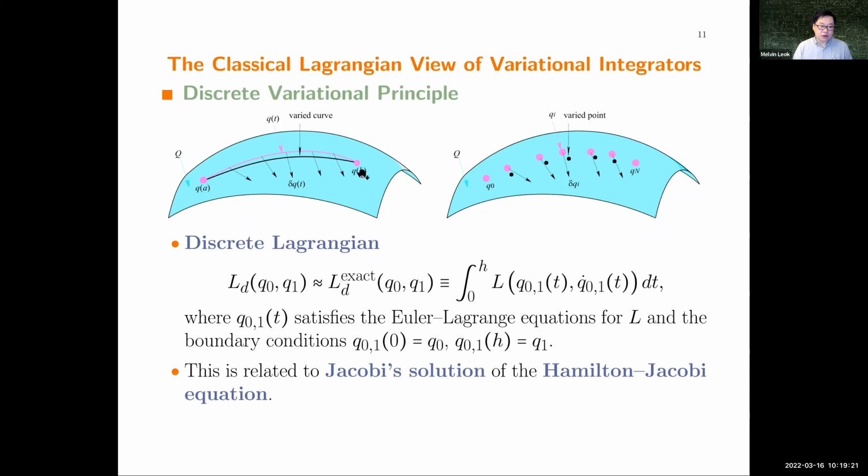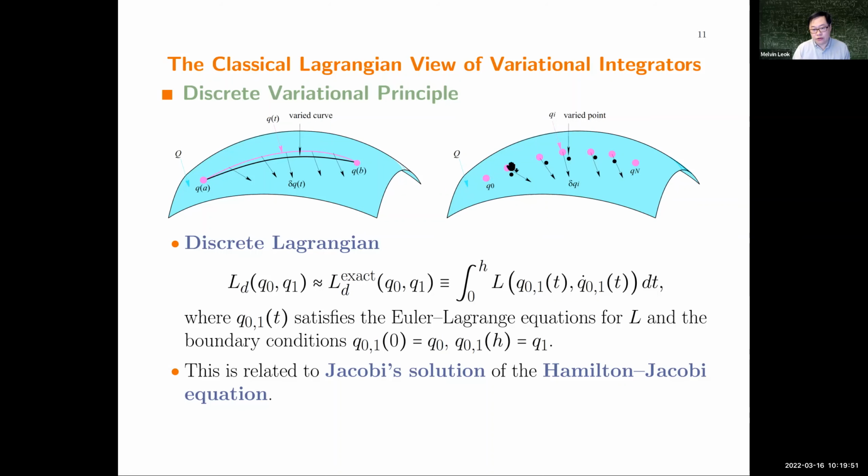Okay, so you can ask, how do I go about discretizing something like that? One very natural way is to imagine sampling that trajectory by a bunch of points, and then introducing what is referred to as the discrete Lagrangian, which you should think of as a piece of the action integral. Imagine instead of integrating from time A to time B, you integrate from time A to a small displaced time.